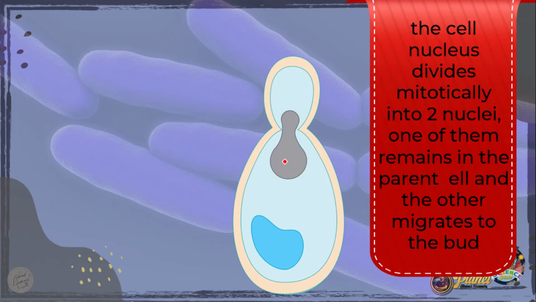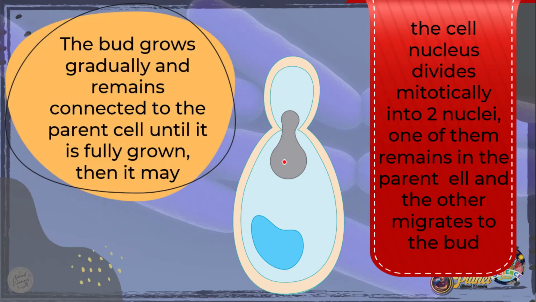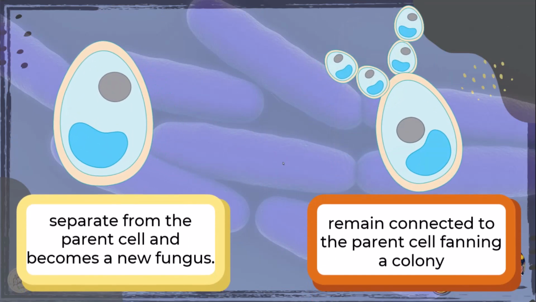One of them remains in the parent cell, and the new nucleus migrates to the bud, and then the bud starts to grow, and it might split or separate from the parent cell, forming a new yeast or a new fungus, or remain in contact with the parent cell, forming a colony. And here is an example of how budding happens.